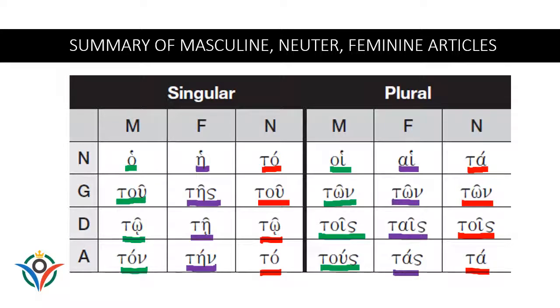So as you can see, the genitive plural forms are the same for all the genders. So guys, please take the time to memorize the articles by heart, because they are the key to declining the various nouns. And the article will always agree with the noun that it's modifying in gender, number, and case.